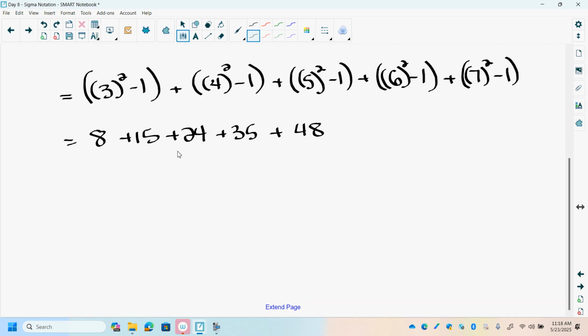If I were to add these, okay, 8 and 15, 23 and 24, that's 47, 52, 82, 90, and 40, 130. Someone want to double check that? 8 and 15 and 24 and 35 and 48. 130. Okay, and that is that.